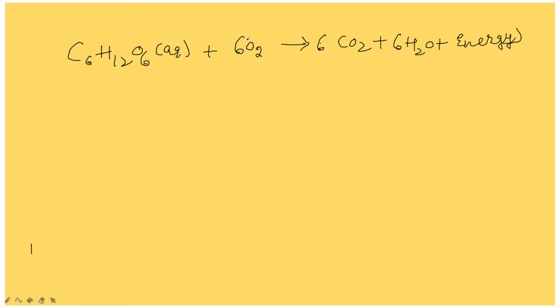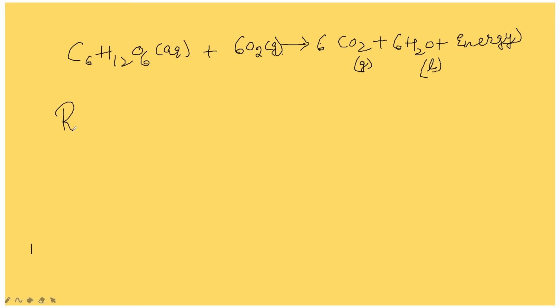Glucose is aqueous, O2 and CO2 are gas, and water is in the form of liquid. So the glucose which undergoes slow combustion, combining with the oxygen present in the cells of our body, will produce energy in this process called respiration.